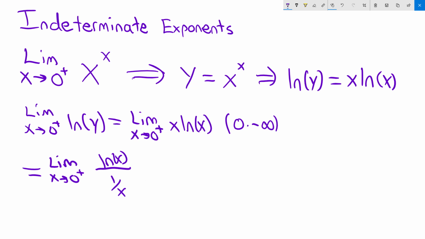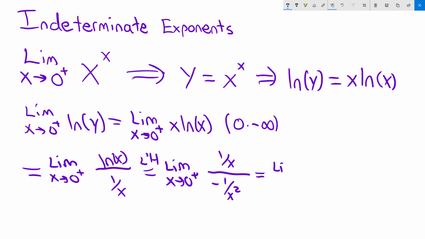So L'Hopital's rule can be applied, and when we take the derivative of both expressions, the numerator becomes 1 over x, the denominator becomes negative 1 over x squared, and remember how we simplified that expression. When we flip the bottom and it simplifies with the numerator, we just get the expression negative x. So this just goes towards 0.